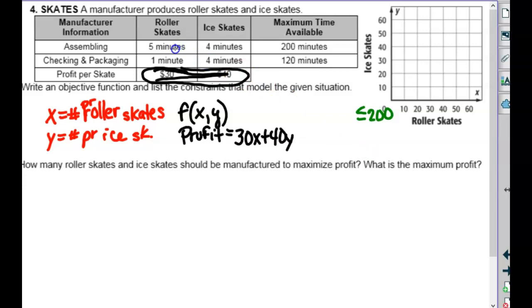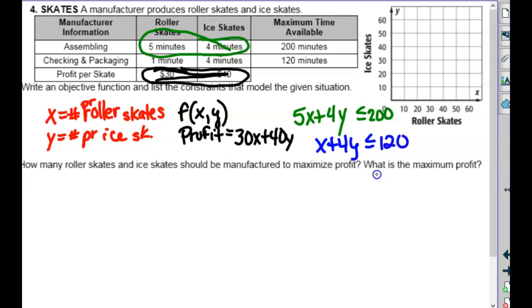Yes, because right here it says for assembling, roller skates are 5, ice skates are 4. So this chart made it real easy. And the other one, the checking and packaging one, less than or equal to 120.